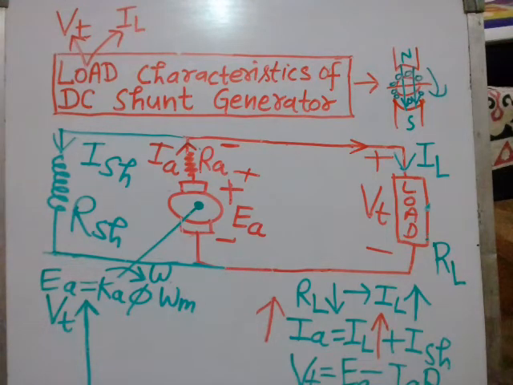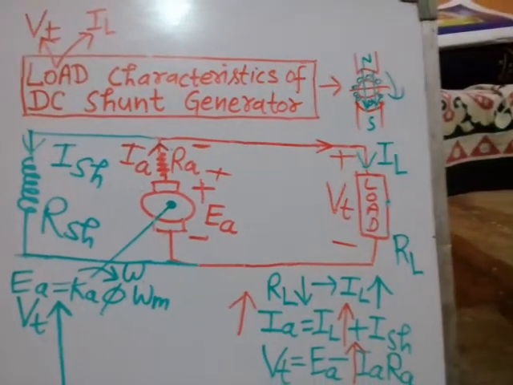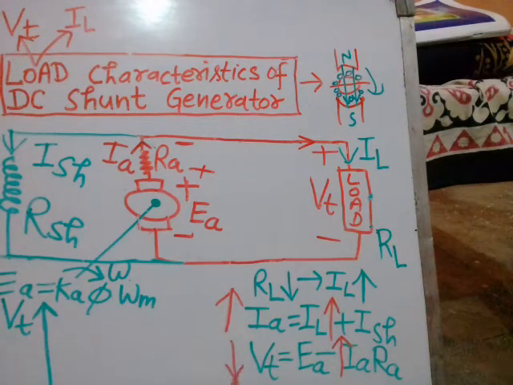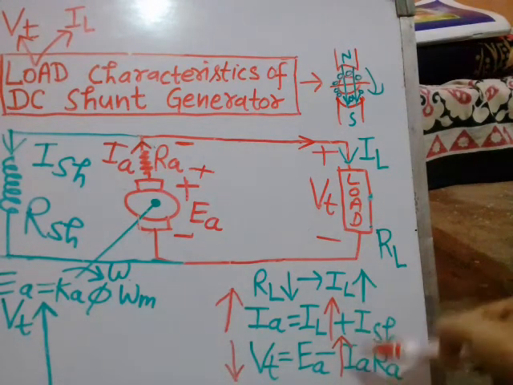So you can easily analyze that once the load current is increasing, armature current is also increasing. If armature current IA is increasing, for fixed armature resistance, which is a winding parameter, and fixed armature induced EMF EA, the terminal voltage will reduce, because armature current is increasing.